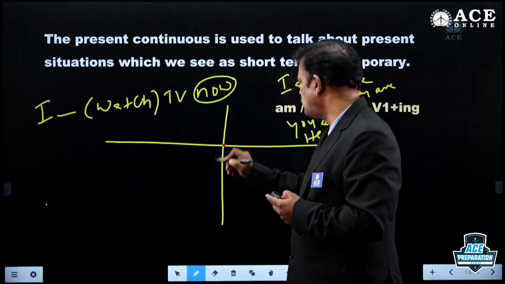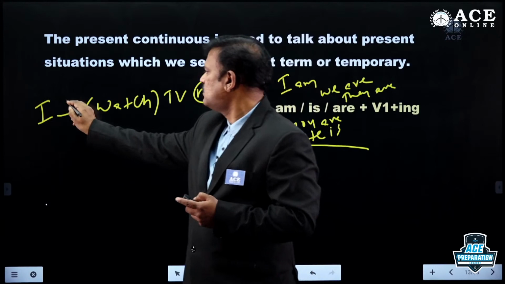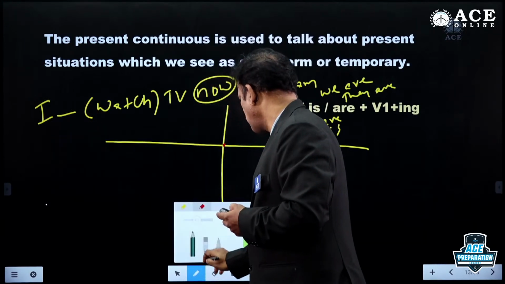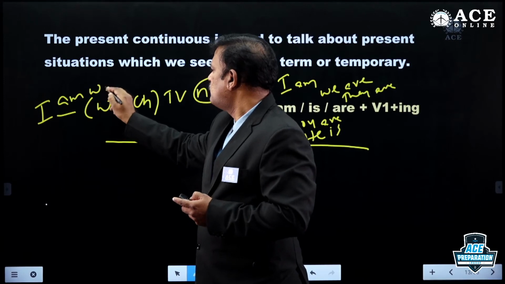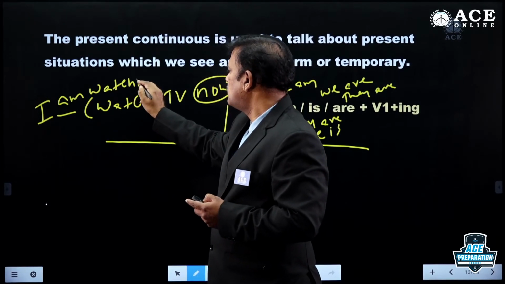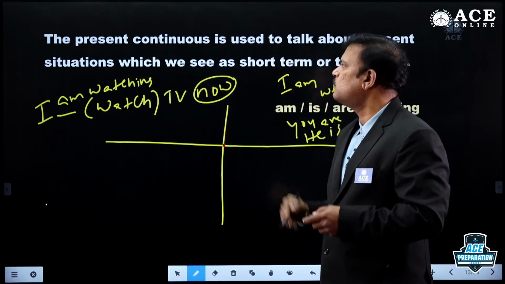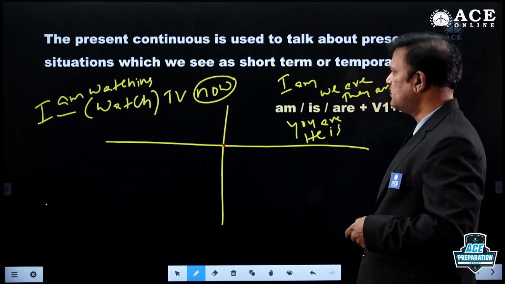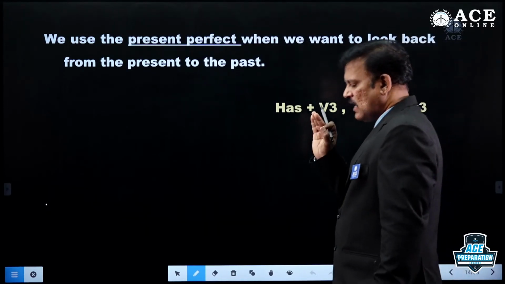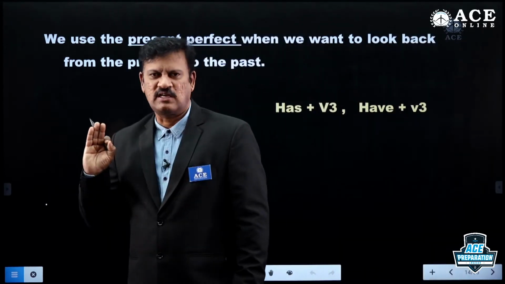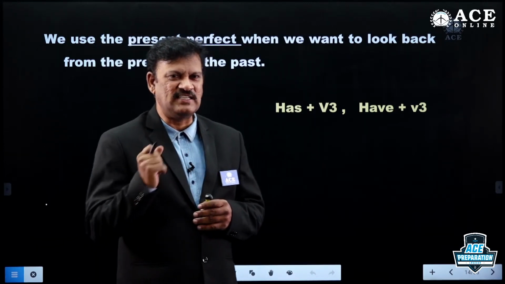Because this time is showing here, then obviously I am watching. If it is we, we are watching. He is watching. Present continuous. Fine. Another confusion. We have a mix-up with this, past and this present perfect.